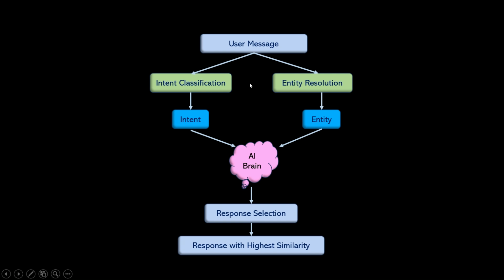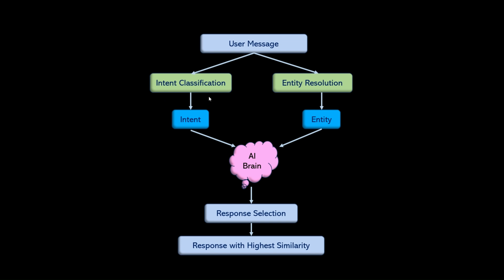These steps help the chatbot understand what the user is asking or talking about, enabling it to generate relevant responses. For example, if I start the conversation with my bot and type hi, the intent is that I'm initiating the conversation.